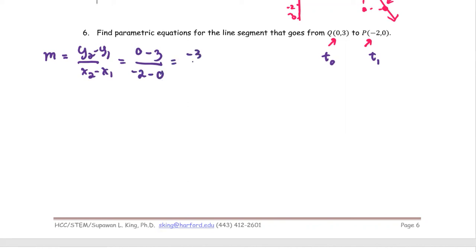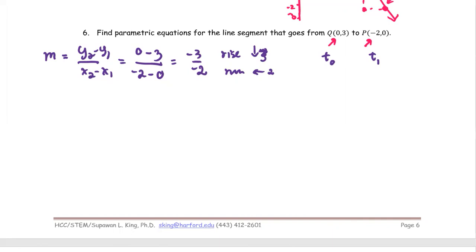Now we have negative 3 divided by negative 2. That means we're going down 3 units, and then run, that means go to the left 2 units. So the direction is going to tell you where to go to the next point.